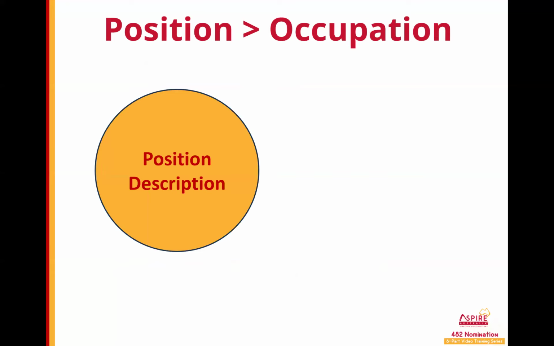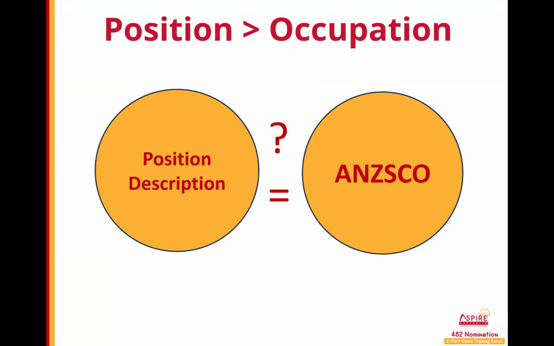The first step is to determine whether your position aligns with an occupation in the ANZSCO dictionary, which is an Australian Bureau of Statistics publication outlining all occupations, their responsibilities, tasks, qualification, and skill level. The link to the ANZSCO dictionary is provided in the bonus document we're providing with this series.